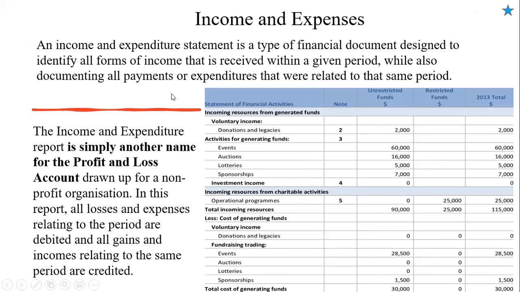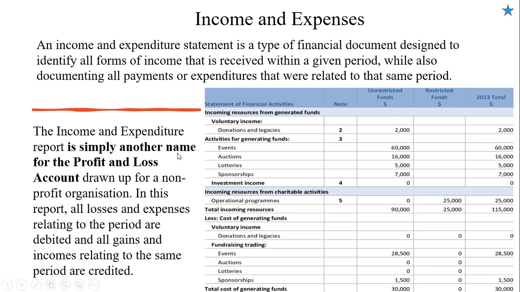An income statement and expenditure statement is a type of financial document designed to identify all forms of income that is received within a given period, while also documenting all payments or expenditures that were related to that same period.